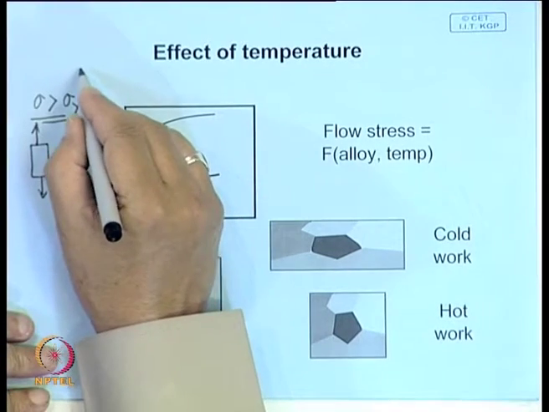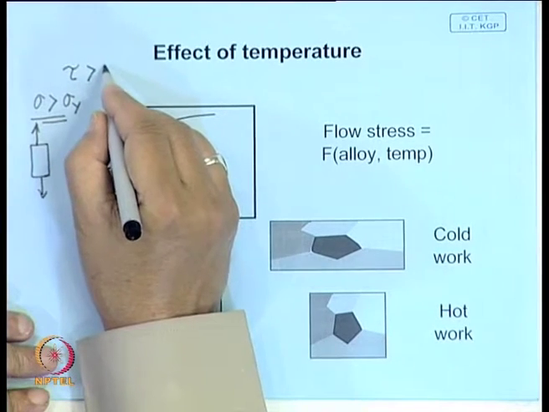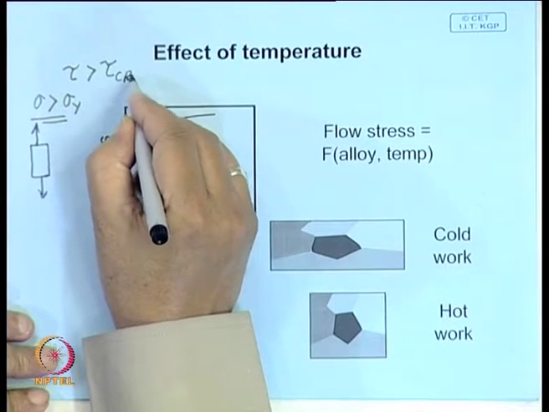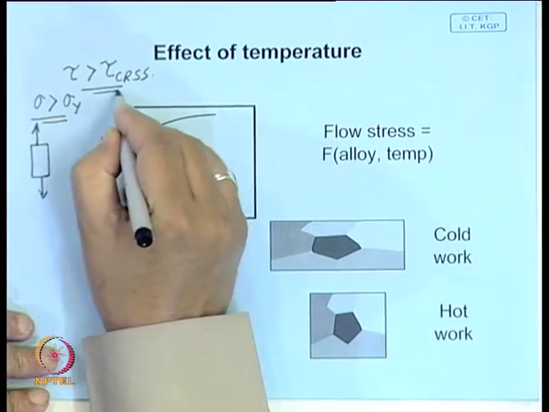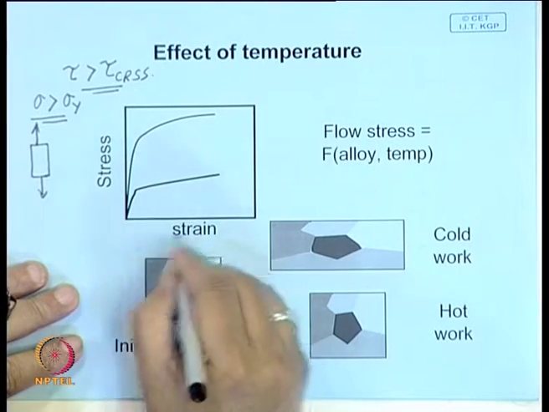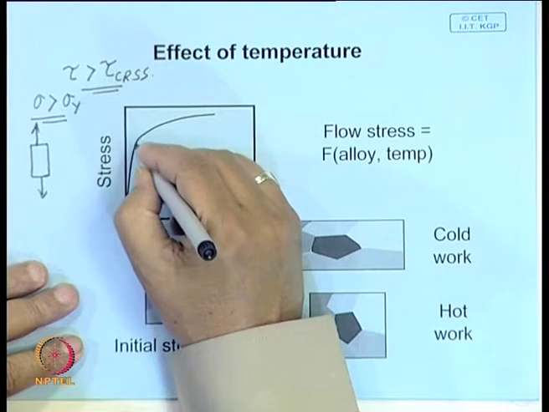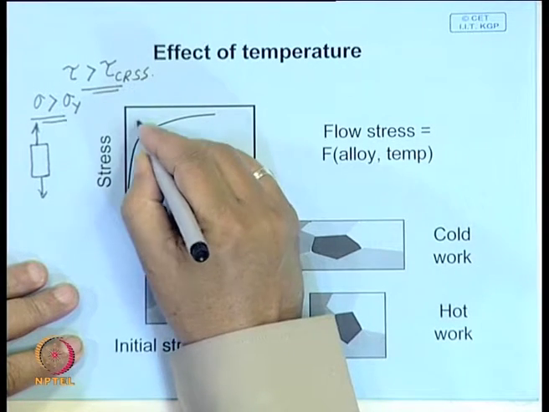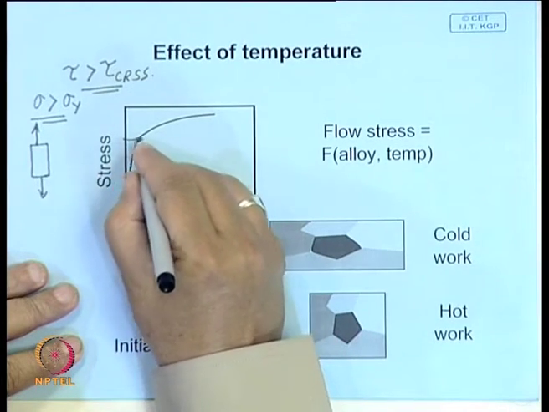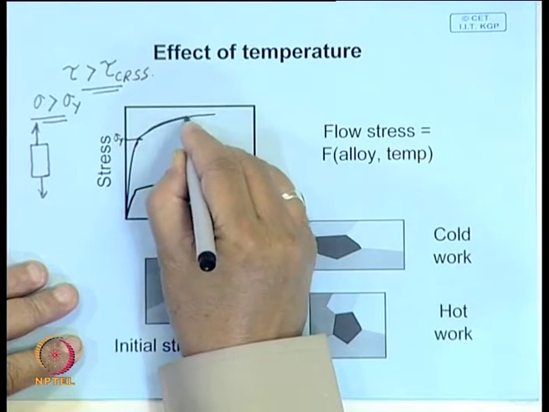In the case of a single crystal, we have seen the deformation takes place when the shear stress on a particular slip plane is greater than the critical resolved shear stress. And the typical nature of the stress versus strain plot is something like this. There will be no doubt an elastic portion where it is linear, and once this yield stress is exceeded, we say that this is the plastic region.